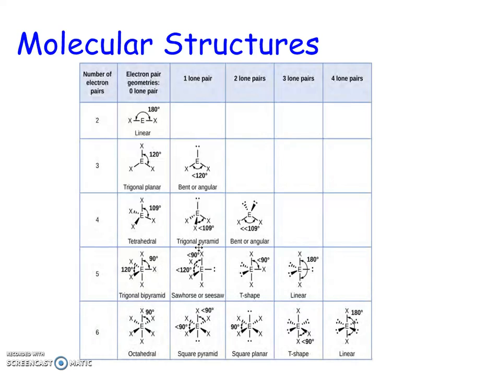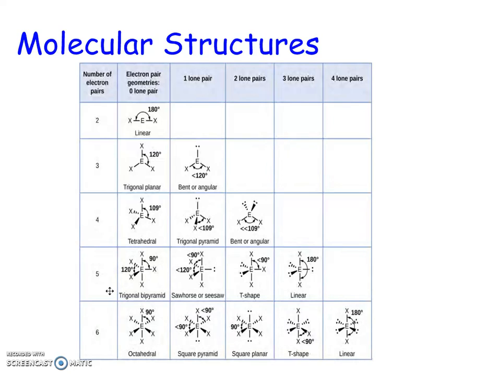So it looks like a pyramid because that lone pair is pushing those extra bonds downward. If 2 of them are lone pairs, well then if I ignore those 2, I have another form of bent. However, the bond angle here is less than 109. So the bond angles would be different between these 2 bents, but they are still called bent.